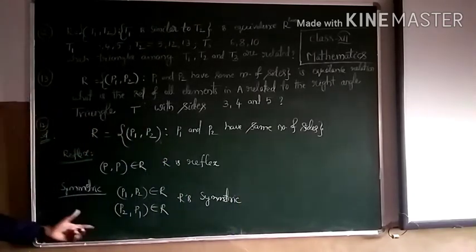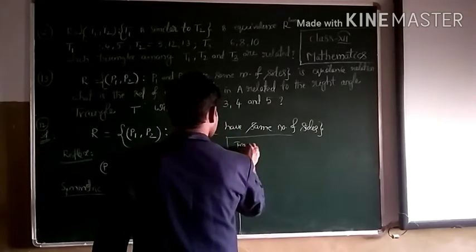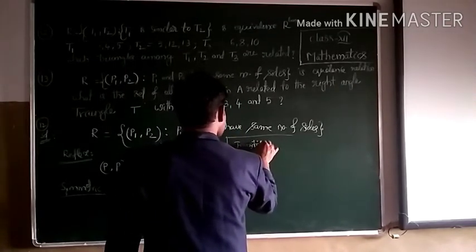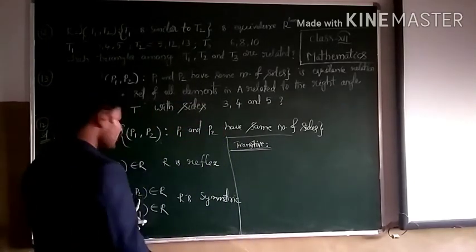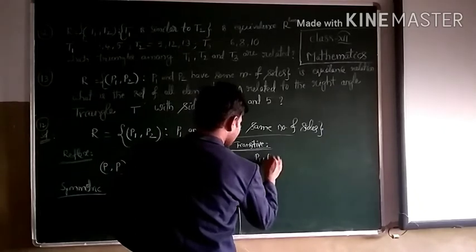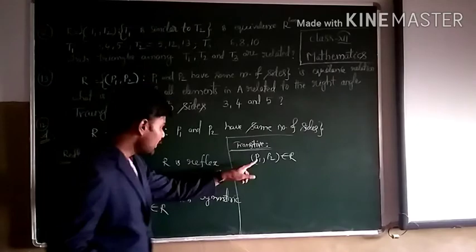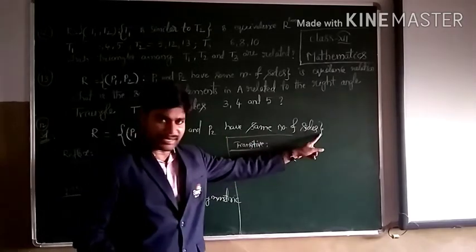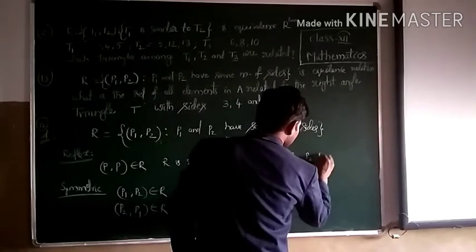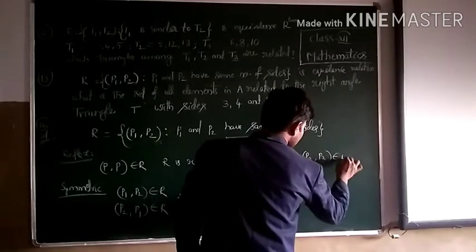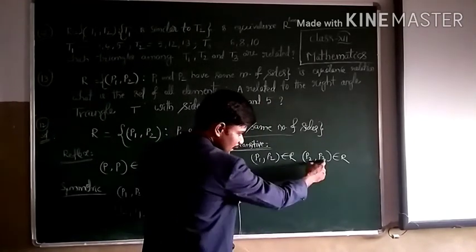Next, we'll go for the transitive relation. See once. First, P1 comma P2 belongs to R. This is already given that P1 and P2 have the same number of sides. Next, P2 comma P3 also belongs to R. Just here, in place of P1 we take P2, in place of P2 take P3.